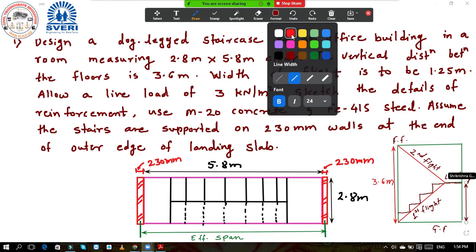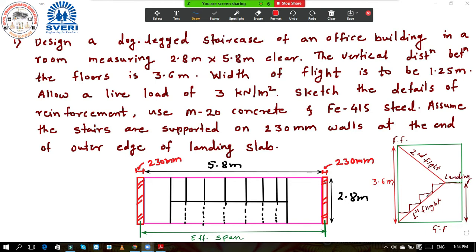I hope now you understood what is given over here. So this type of staircase is given to us. If you completed this diagram, we will move to the next.